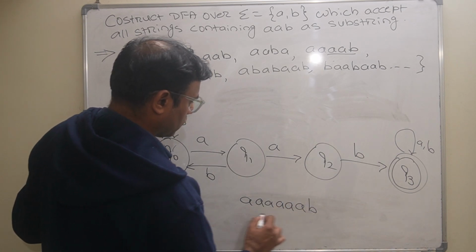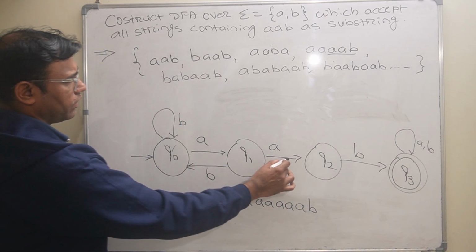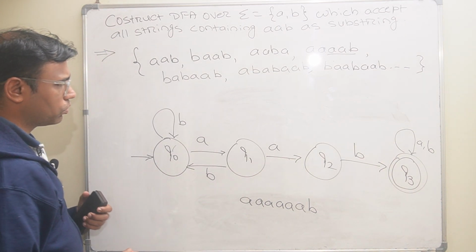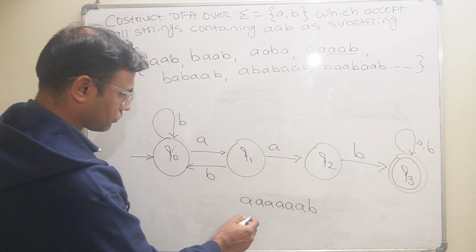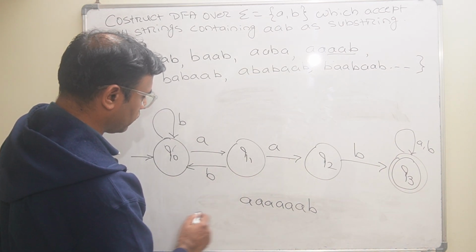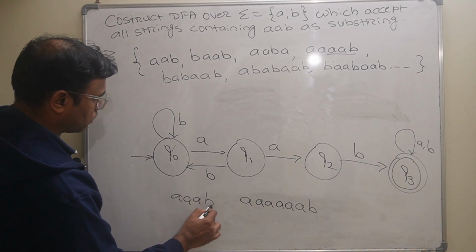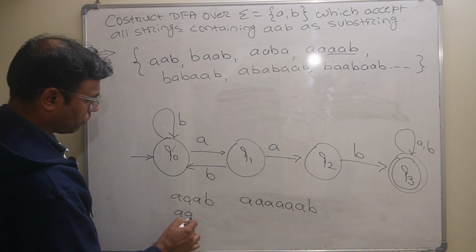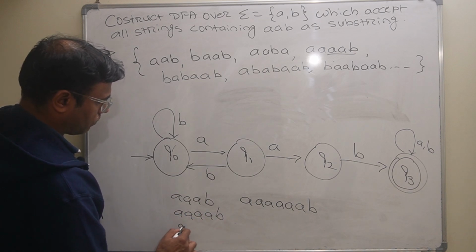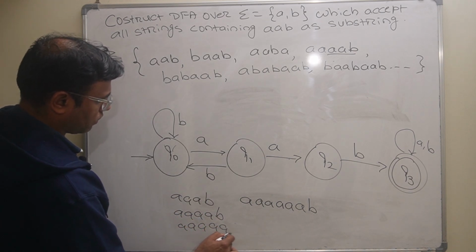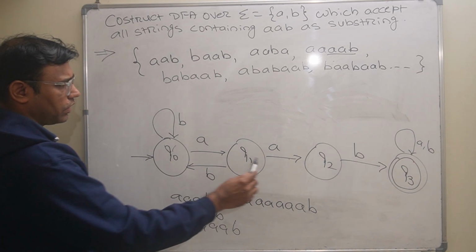Triple a, 4 times a. Now what to do in this case? Before that let us discuss aaab, aaaab, aaaaab.